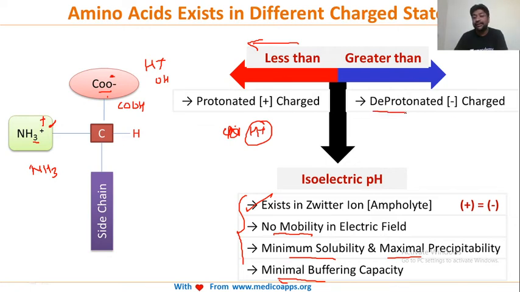What happens when the pH is greater than the isoelectric pH? It means there is an excess of OH. So this NH3 plus will exist as NH2, and this will exist as COO negative, and it will be in a deprotonated state. Is everybody clear what happens in zwitterion and isoelectric pH?